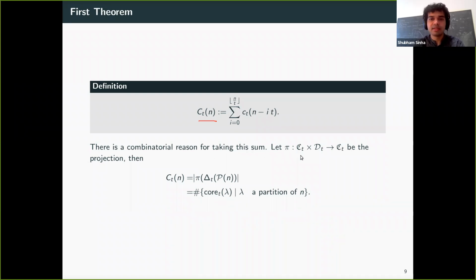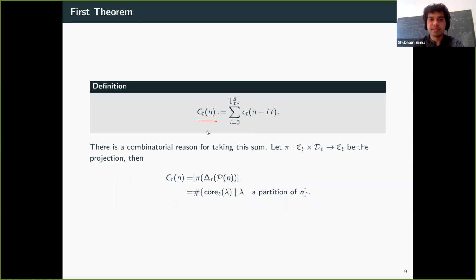The reason is that, just recall the partition division. This is in bijection with a set of partitions. Basically, given a partition, you look at the t core of that partition.